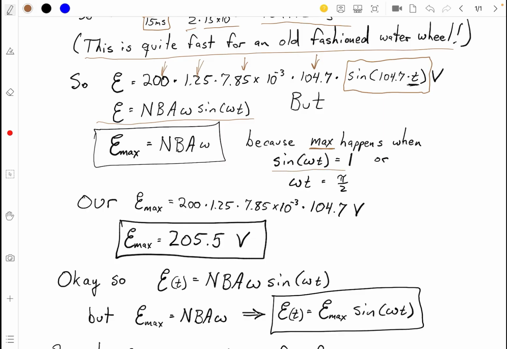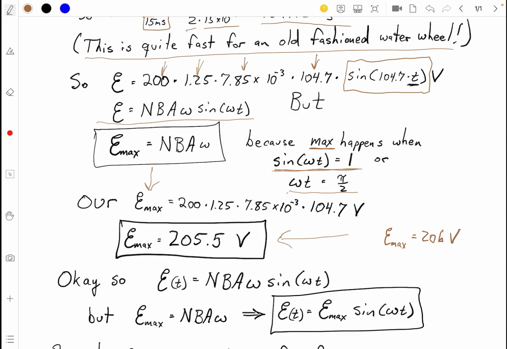And that happens every time sine of omega t equals 1. That means omega t is equal to pi over 2. So all I'm going to do is figure out what the max is. Okay, so this is our max, and that's 205.5 volts, or we could say EMF max is equal to 206 volts if we round up.